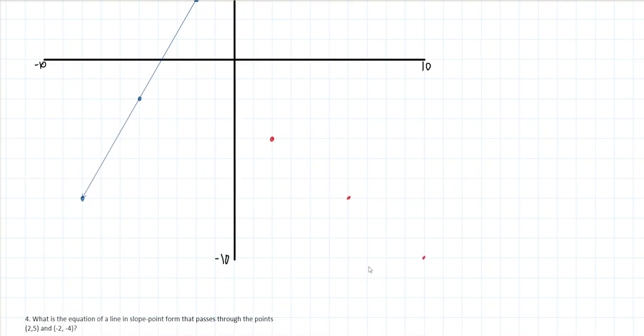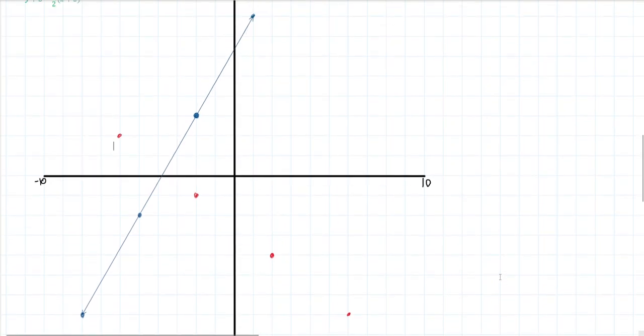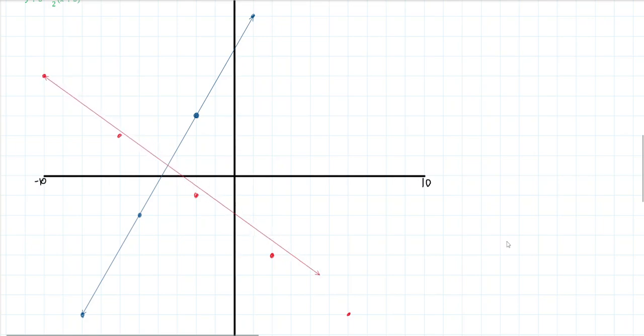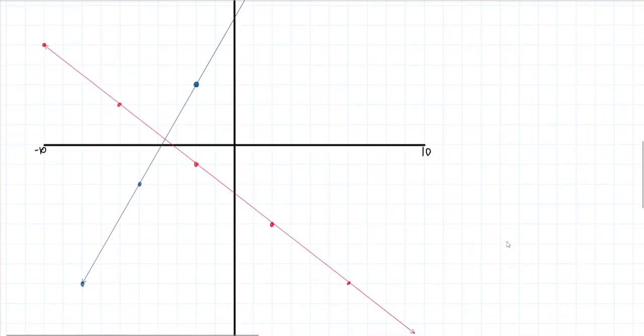So then we do it in reverse. We go up by 3 and to the left by 4. Okay, and then you draw the line.